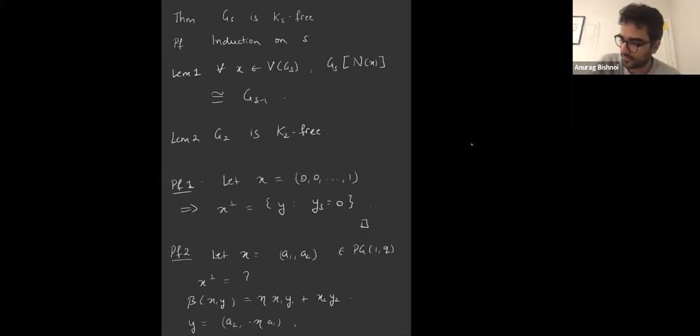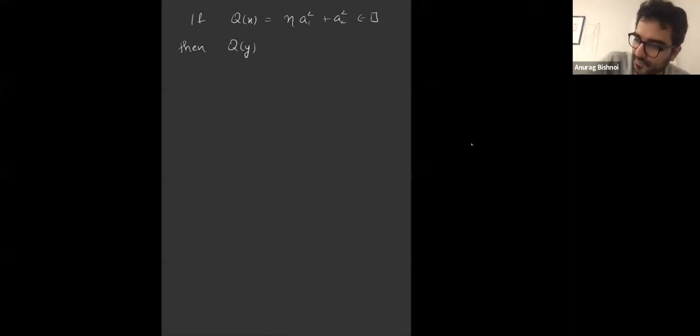Now if q of x, which is exactly eta times a1 squared plus a2 squared, is a square, then q of y, where y is this thing, is eta times a2 squared plus eta squared a1 squared.